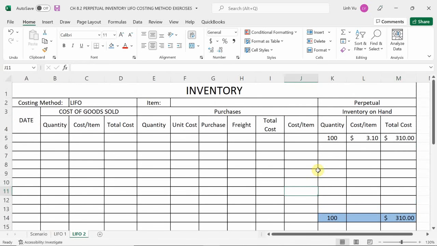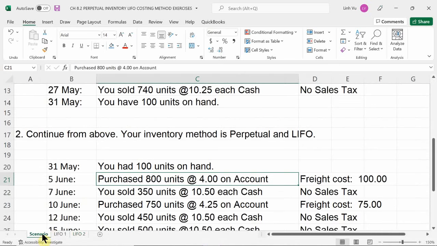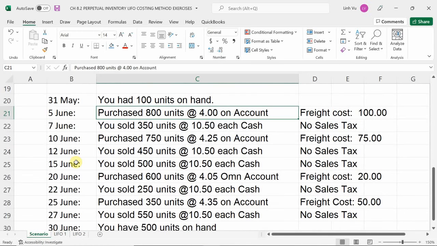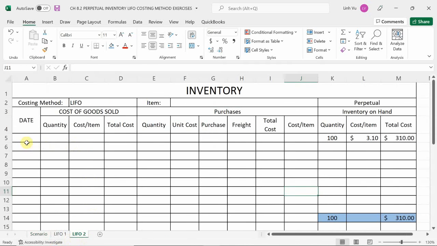All right, so let's go ahead and see what happened next, right? June 5th, we end up purchasing 800 units at $4 each with a freight of 100.